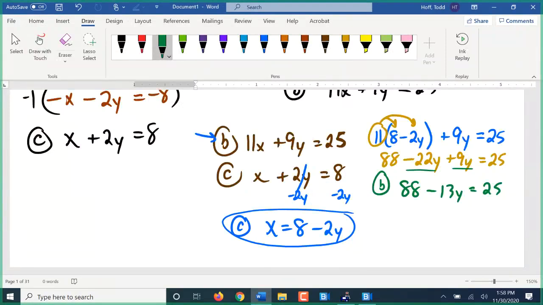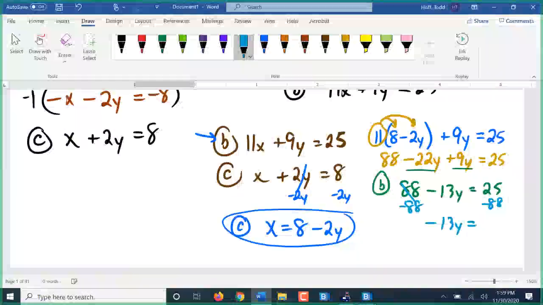I can now solve that for y because it's in a single variable. So let's do that. I'm going to subtract 88 from both sides. Minus 13y equals, what is that? A negative 63? I feel like something went wrong here.